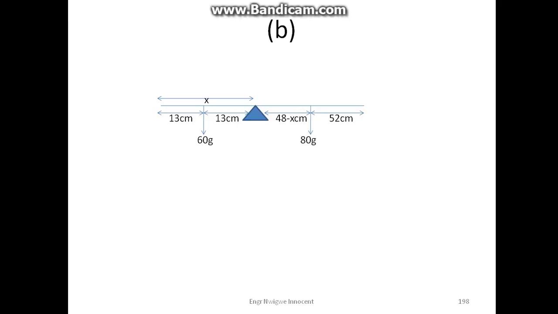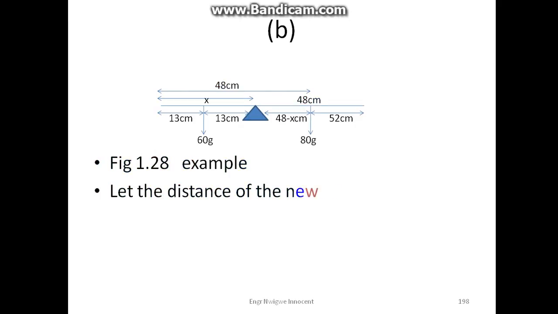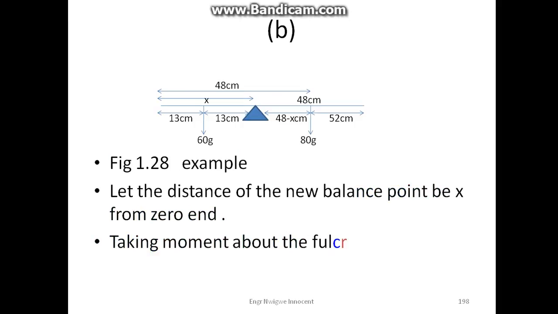In this example, let the distance of the new balance point be x from the zero end. Taking the moment about the fulcrum: 60 times (x minus 13) equals 80 times (48 minus x).